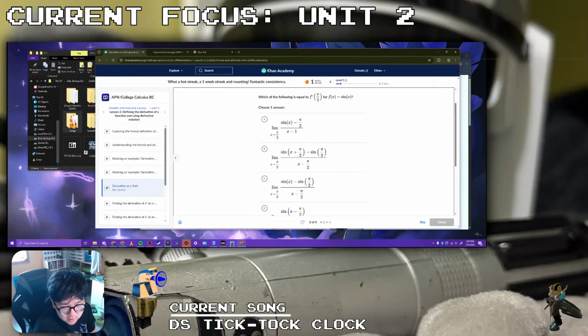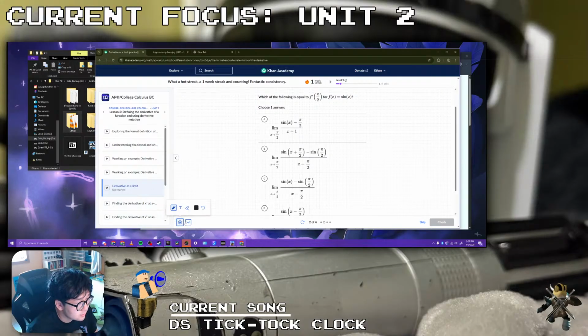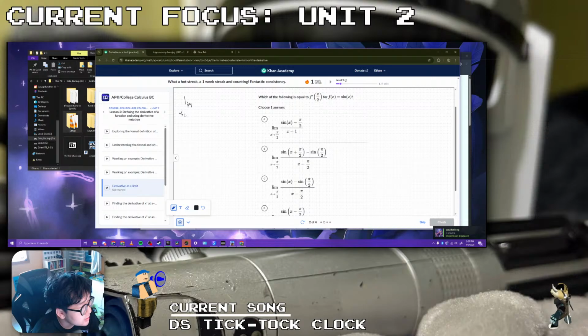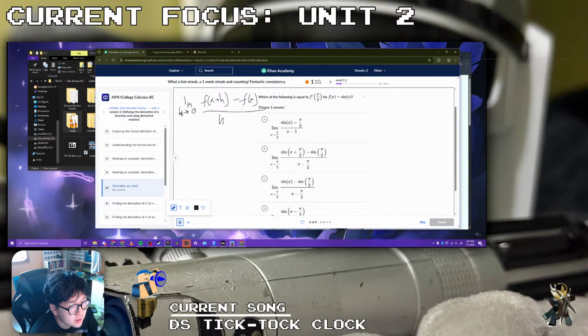Okay, I think it does. Okay. So let's keep this formula: limit as h approaches 0 of f of x plus h minus f of x over h. And in this case, x equals pi over 2.